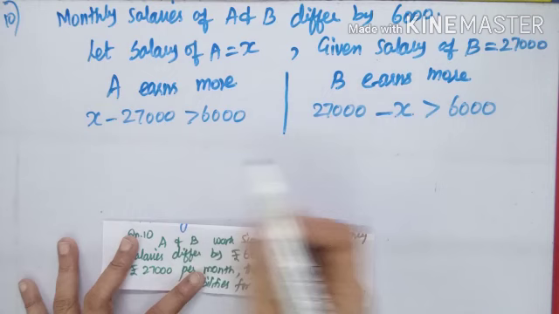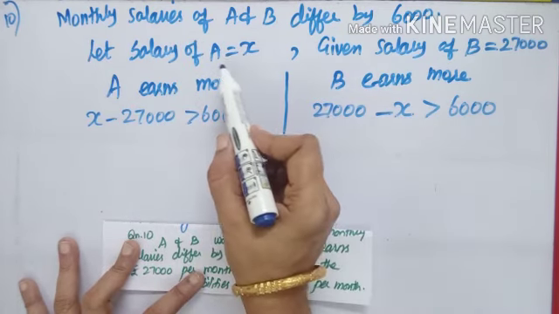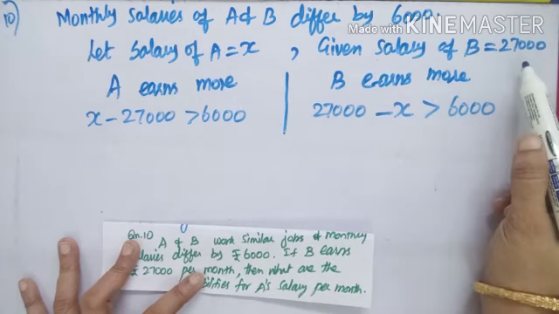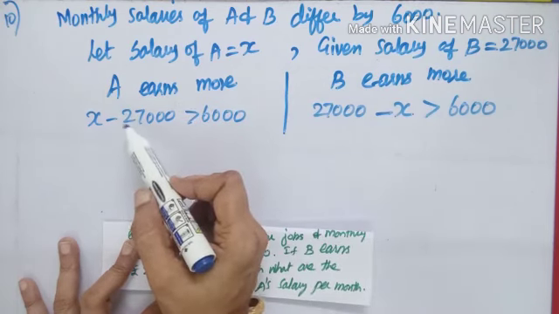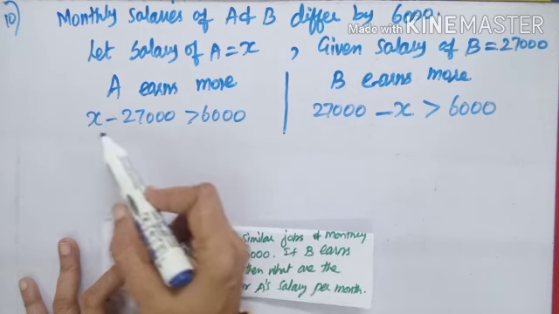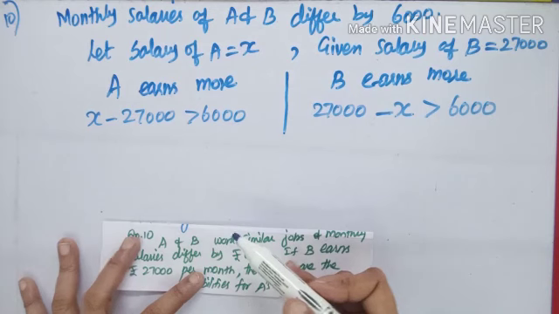So we get two ideas. The salaries differ by 6,000. Take A's salary as x and B's salary is given in the question as 27,000. If A is getting more, x is bigger, 27,000 minimum. So x minus 27,000 differ by 6,000 means more than 6,000.